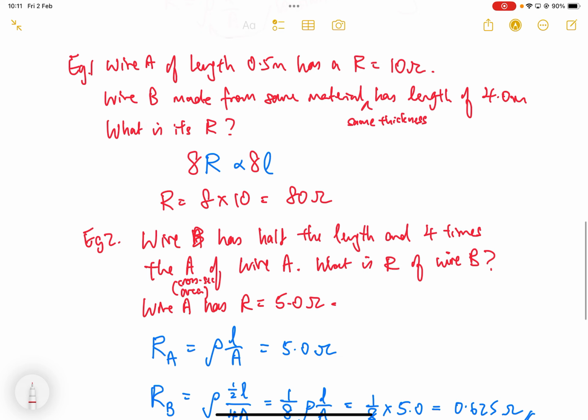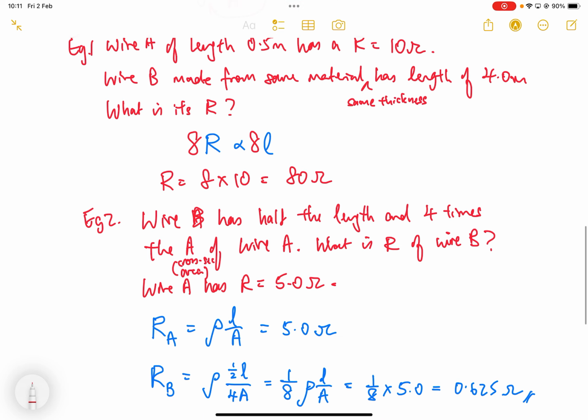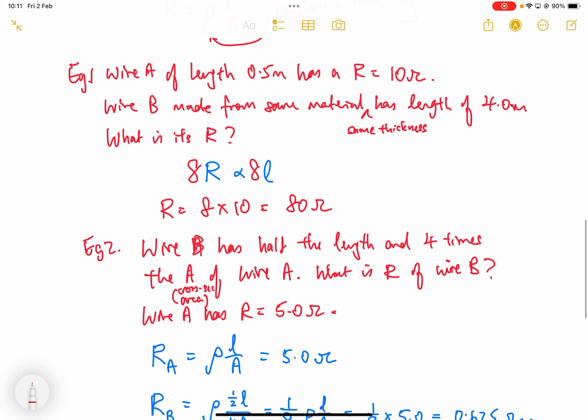So I gave these two examples. First example, wire A 0.5 meters long has a resistance of 10 ohms. Wire B, same thickness, same material. When I say same material, it means the rho is constant. Same thickness means that cross-sectional area is the same.